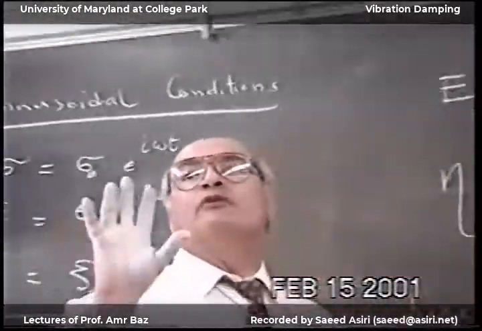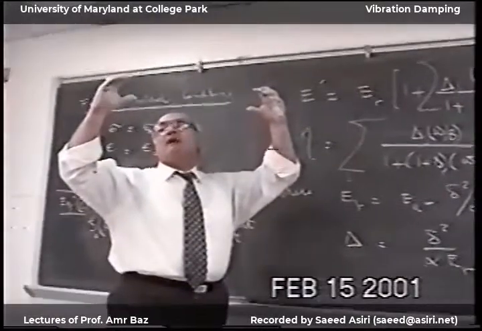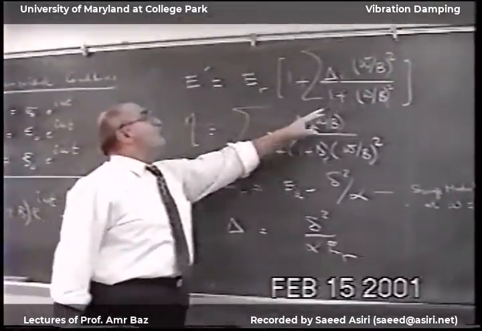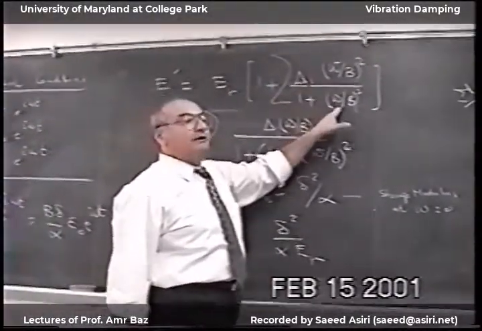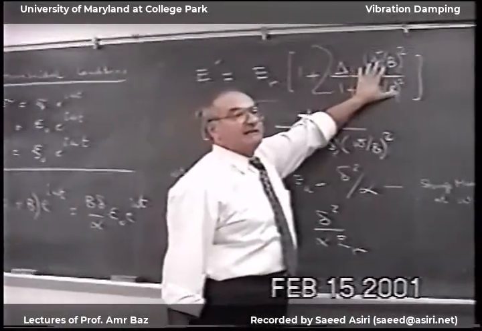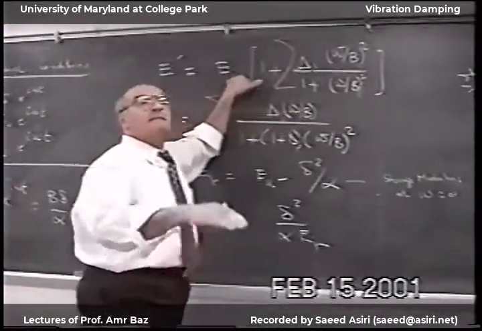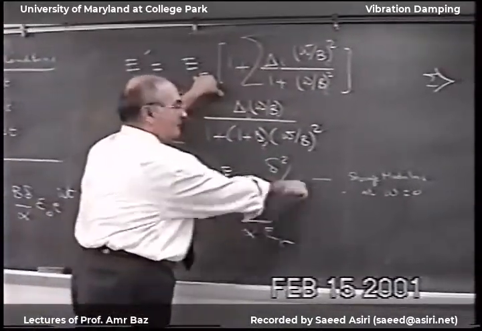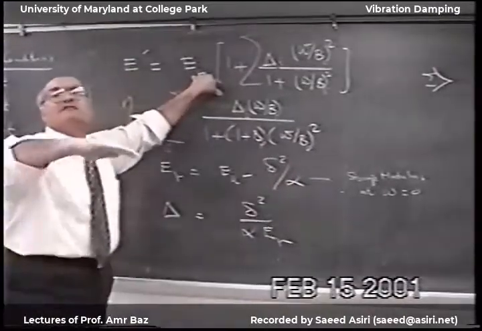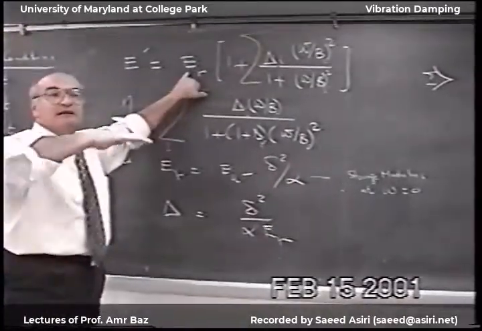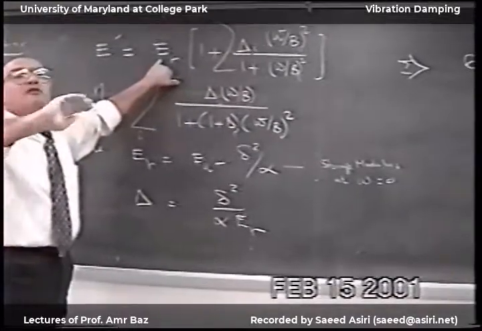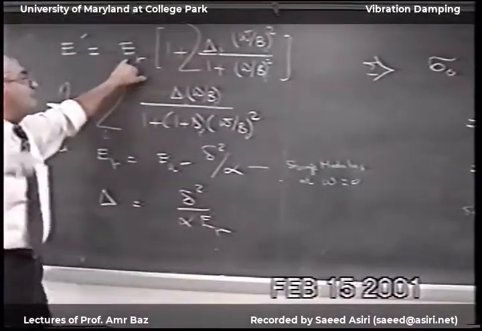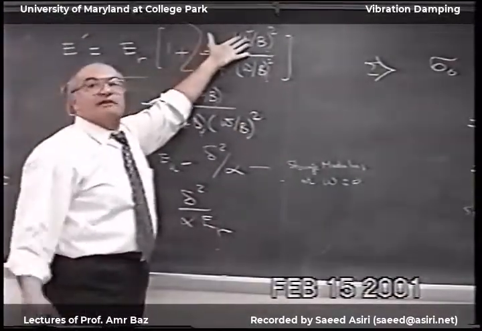We have to keep in mind the constraint that we have. When omega is equal to 0, this term will disappear completely, and the first term, ER, will be the Young's modulus at 0 frequency. When omega goes to infinity, I divide by omega squared as we did.